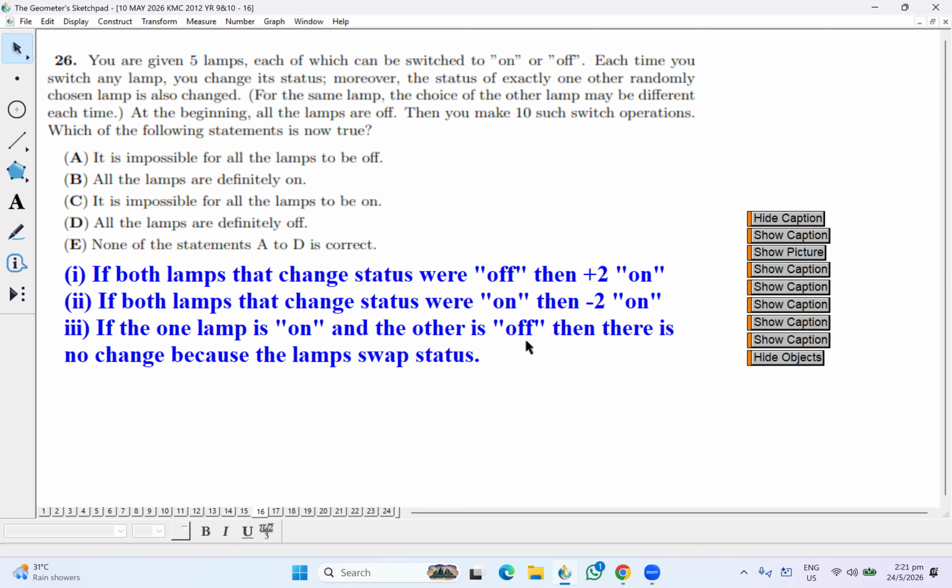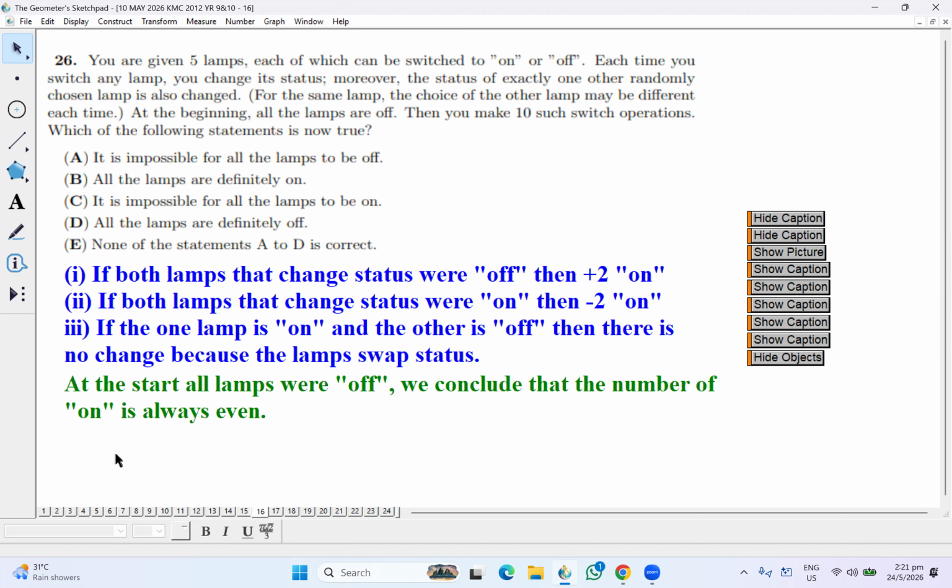This means, at the start, all lamps were off. So we conclude that the number of on is always even. At first, 0 on. So either 2 on or 2 off. At first all off, then there will be 2 on.